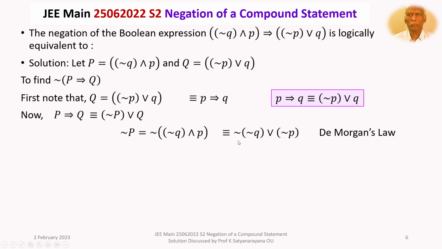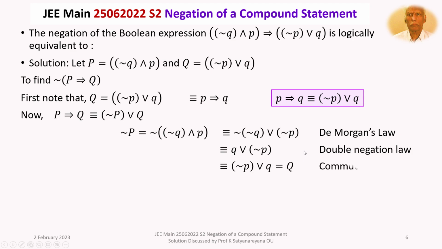We remember negation of negation of Q is Q, that is the double negation law, and Q or negation of P is logically equivalent to negation of P or Q, that is a commutative law, and negation of P or Q is capital Q. So negation of capital P is capital Q.